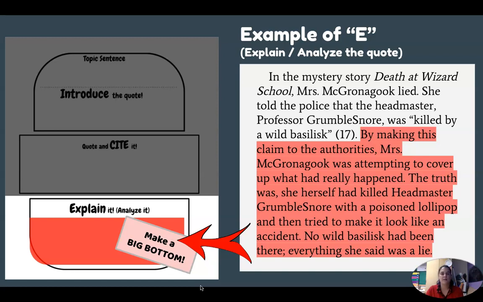The truth was, she herself had killed Headmaster Grubblesnort with a poison lollipop and then tried to make it look like an accident. Now, this could kind of be evidence because we're summarizing things up, but we are adding some important details and we are explaining why it's important that she said that. No wild basilisk had been there. Everything she said was a lie, and we're wrapping it up to bring it back to our original claim.